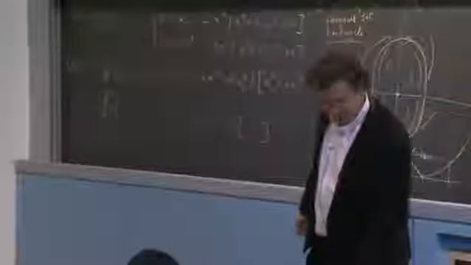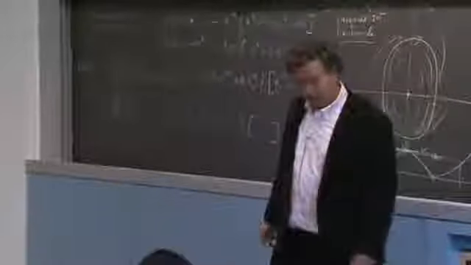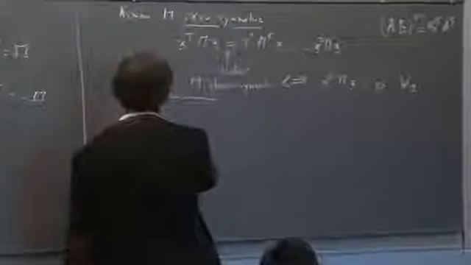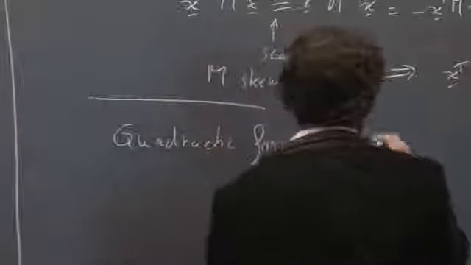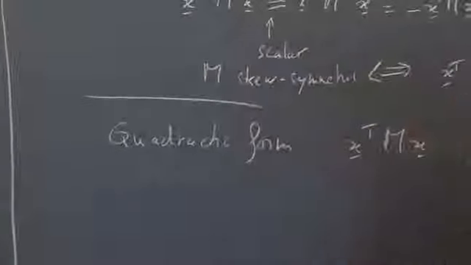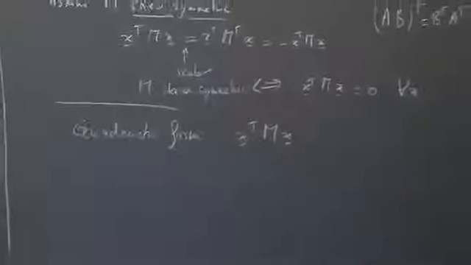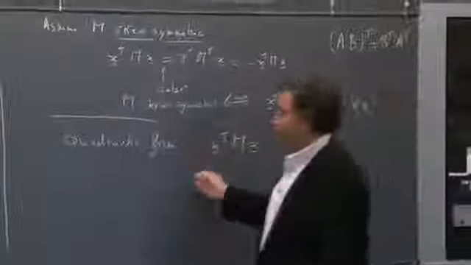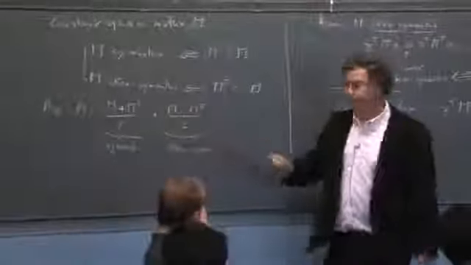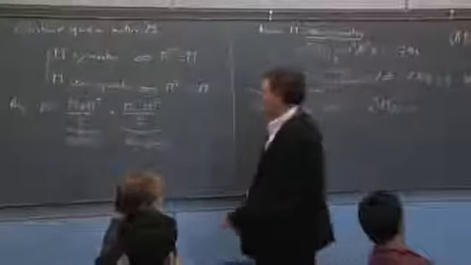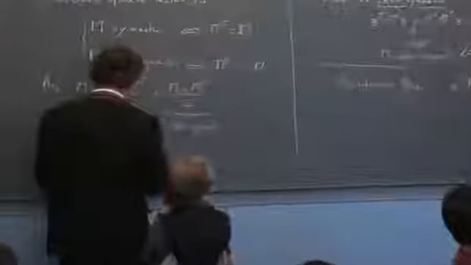Okay, so what does this imply, by the way? It implies that if you take a quadratic form, in other words, if you take an arbitrary matrix M and compute, for an arbitrary vector x, the scalar x transpose Mx, this M can always be written as the sum of the symmetric and the skew-symmetric part. Let's call them M sym and M skew.